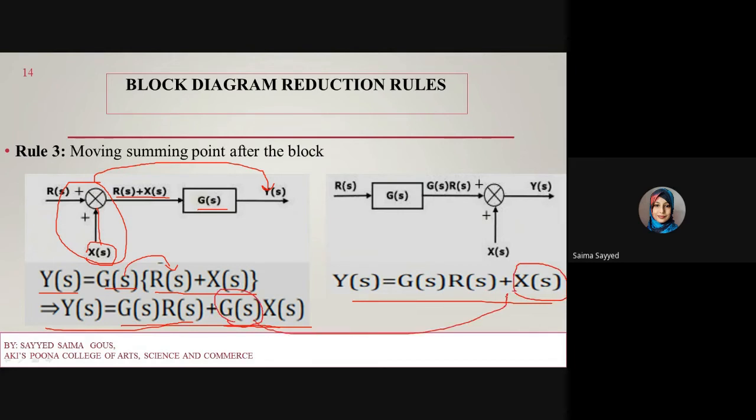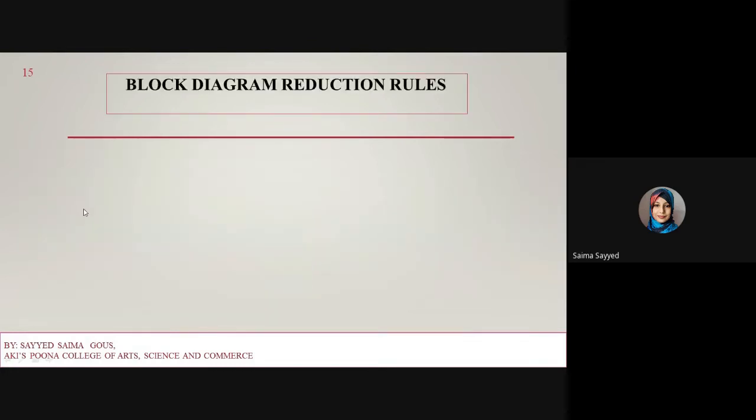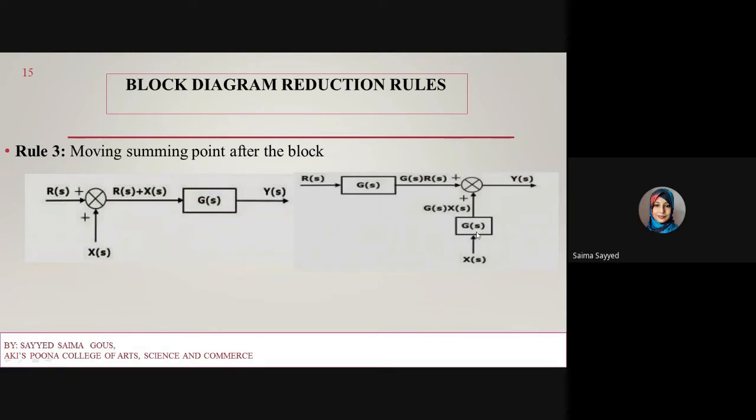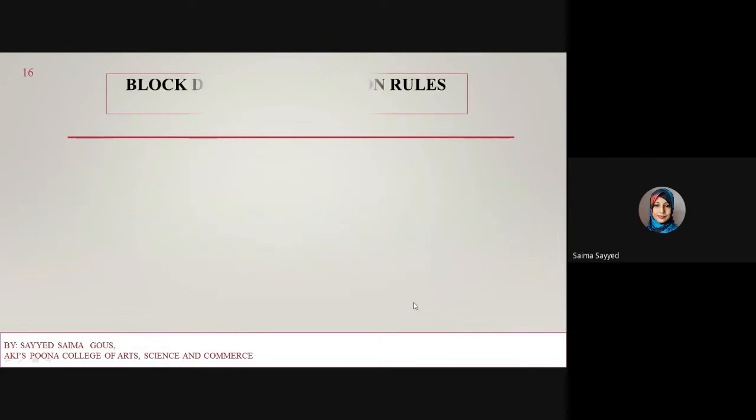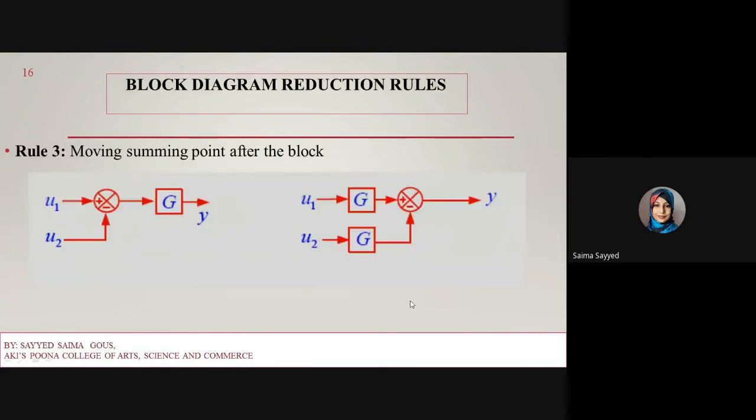To equate this equation, we have to add G(s) there, so we have to add one block of G(s). Here we have added this block G(s) and equated the equations, so both equations will be Y(s) equals G(s) into R(s) plus G(s) into X(s). So to move the summing point after the block, we have to add one block, that is of G.